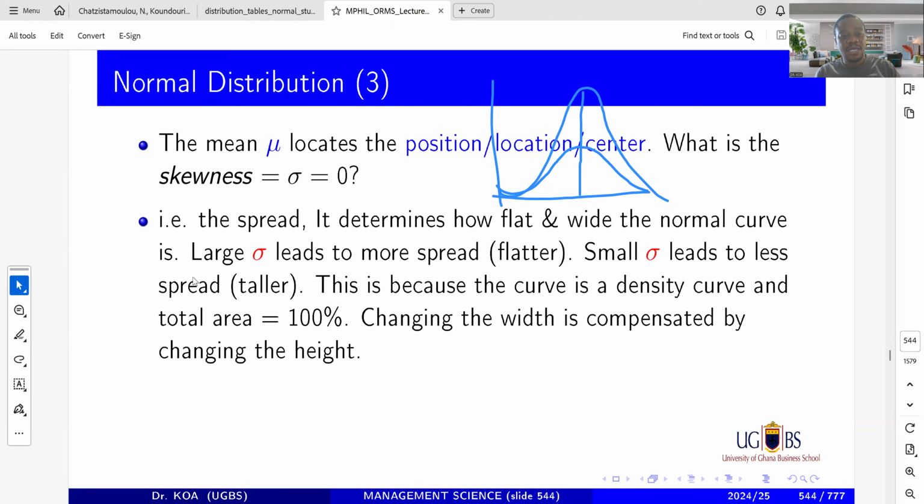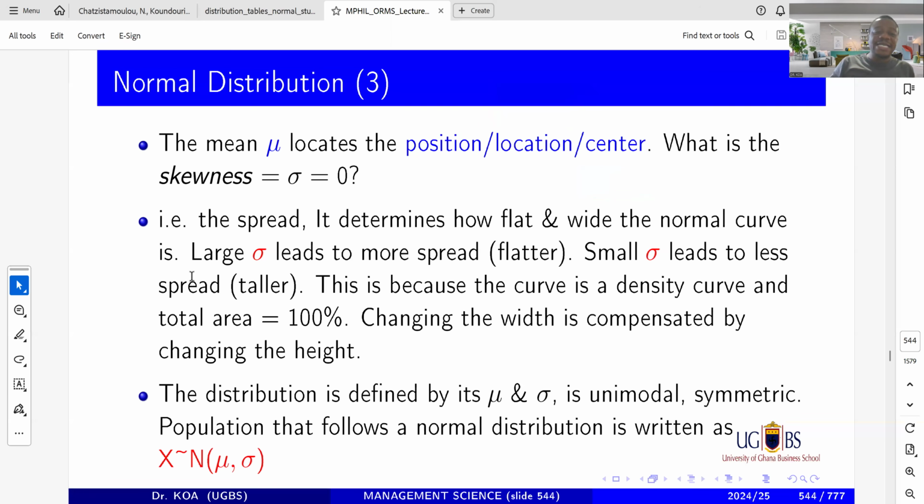So let's look at the distribution. Anytime you're talking about distribution of something, what do you use? You use the mean and the standard deviation. That's what we've been doing with the binomial, the Poisson, the exponential, the truncated normal distribution, the Weibull distribution, log normal, log linear, everything, all of them.